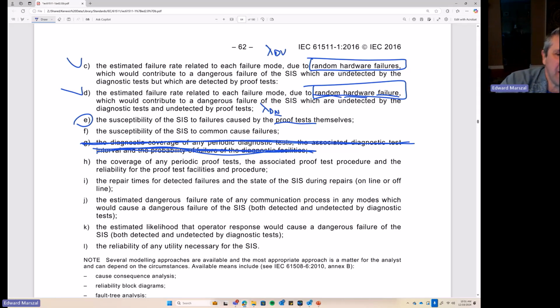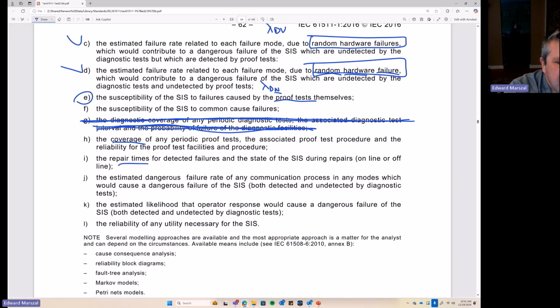Okay. Item H talks about proof test coverage for the manual proof test. So what's the probability I'm actually going to be able to detect a failure when I do my tests? I need to think about repair times. This clause J is going to go away.